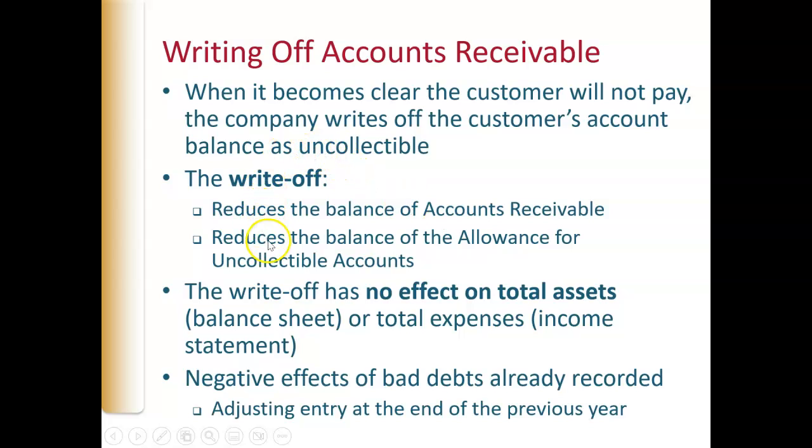But we're going to use this allowance for uncollectible accounts to offset it with. Ultimately, by doing this, it's not going to change our net accounts receivable because we have this allowance for uncollectible accounts set up for this exact purpose. The write-off, when we do this, has no effect on total assets or total expenses.